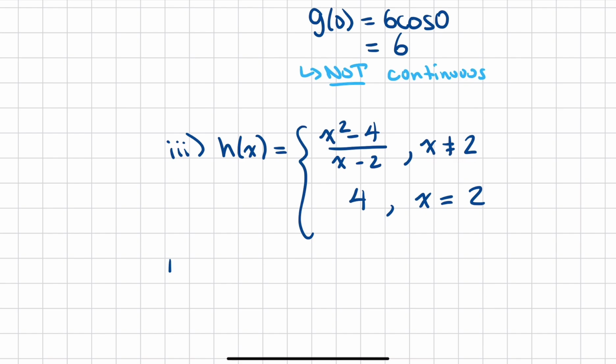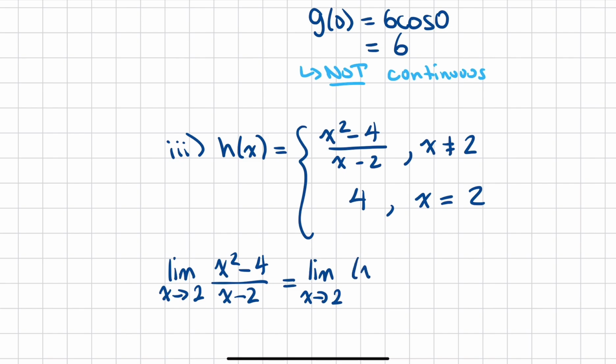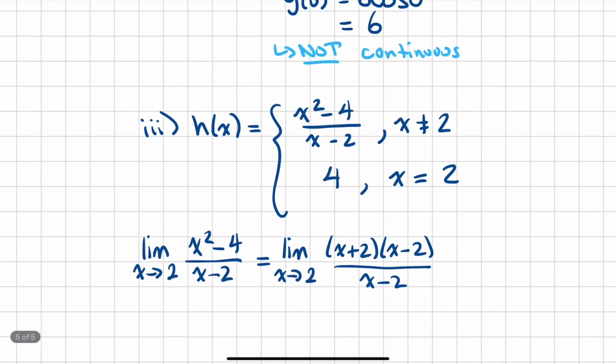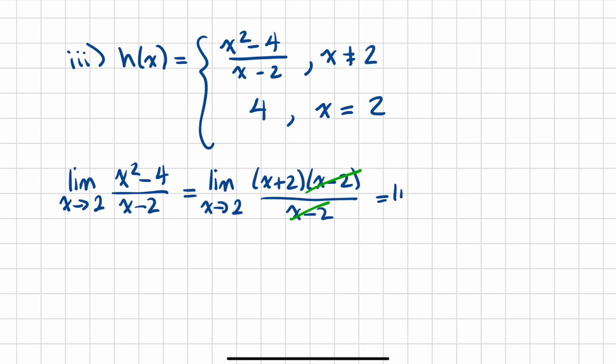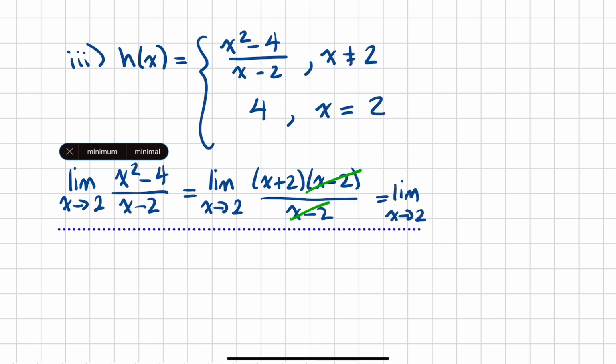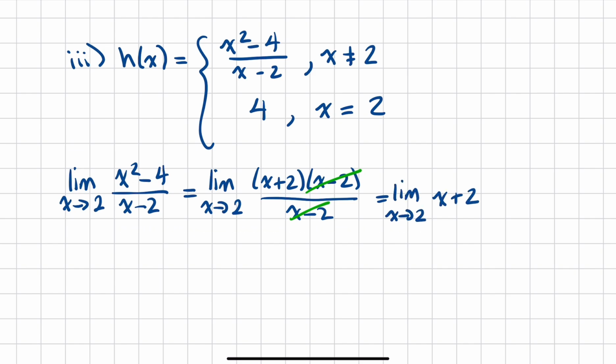So we can say that this is the limit as x approaches 2 of x squared minus 4 over x minus 2. And so I can go ahead and factor the numerator actually. This is going to give me x plus 2 multiplied by x minus 2, all divided by x minus 2. I then see that the x minus 2's just cancel out, leaving me with the limit as x approaches 2 of x plus 2.